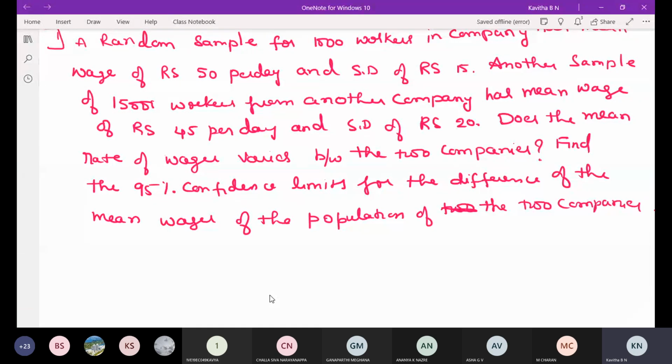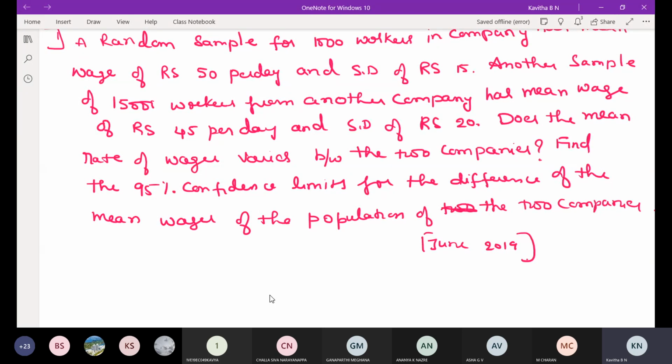Okay, this question appeared in June 2019. Here there are two companies, company 1 and company 2. A random sample of 1,000 workers in a company has mean wages of rupees 50 per day and standard deviation of rupees 15.